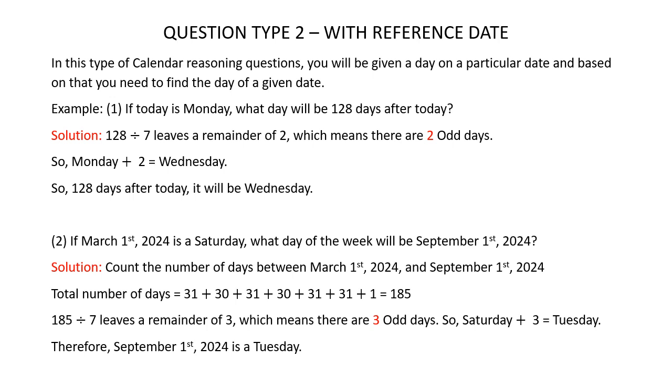Now find the number of odd days for 185 days. So 185 divided by 7 leaves a remainder of 3, which means that there are 3 odd days. Now it's given that March 1st, 2024 is a Saturday. So Saturday plus 3 is equal to Tuesday. So September 1st, 2024 is a Tuesday.